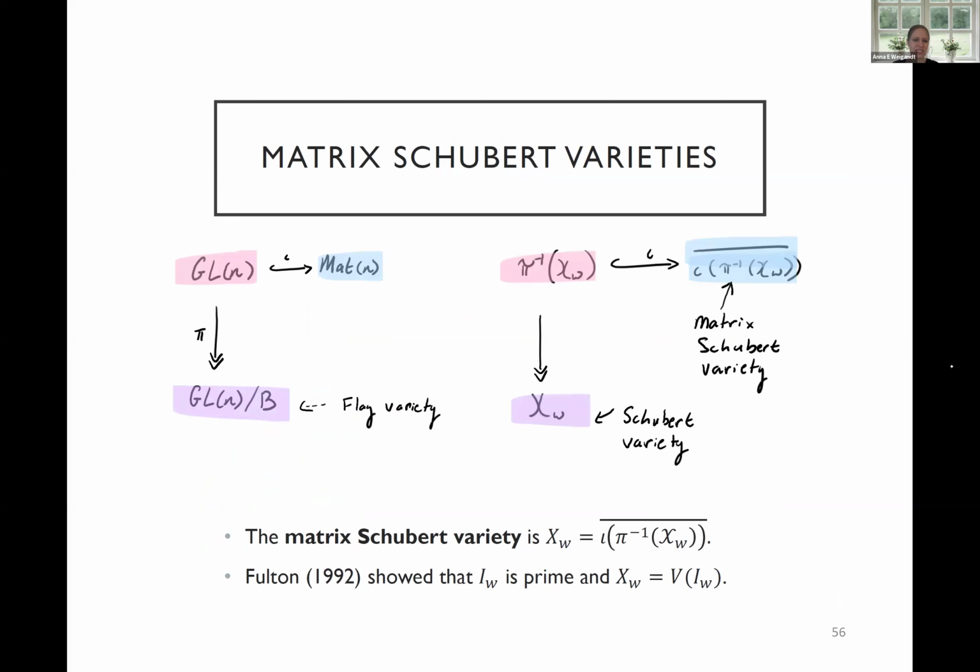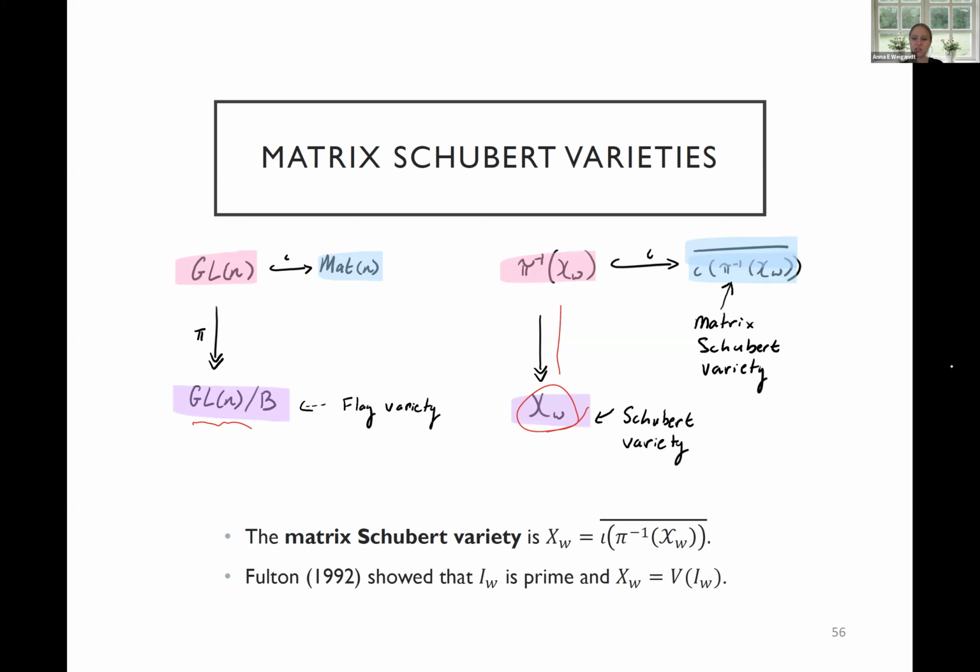And the matrix Schubert variety has another interpretation here. We can think about taking this Schubert variety that we met before that's living down in the flag variety, and we can pull it back along this projection map from the general linear group to GL_n mod B, and then we can include it into the space of n by n matrices. And when we take its closure, this gives us Fulton's matrix Schubert variety, which we defined before in terms of these explicit rank conditions.